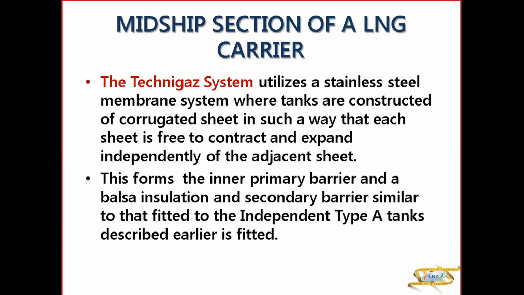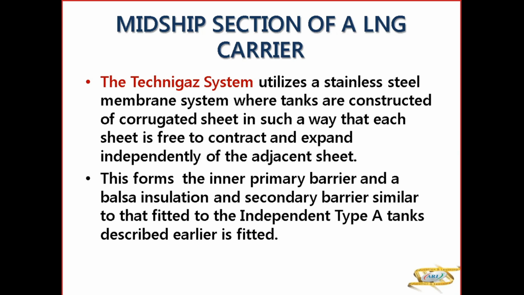Technigaz is not made of any alloy. This is a stainless steel membrane system, and this will be corrugated, unlike Gas Transport, which was non-corrugated, because these sheets will be subject to contraction and expansion, so they'll be corrugated, and they'll be free to contract and expand independent of the adjacent sheet. So you have an inner primary barrier. Then you have a balsa insulation.